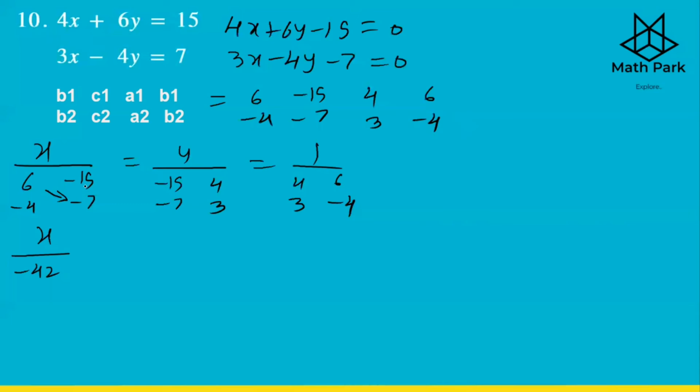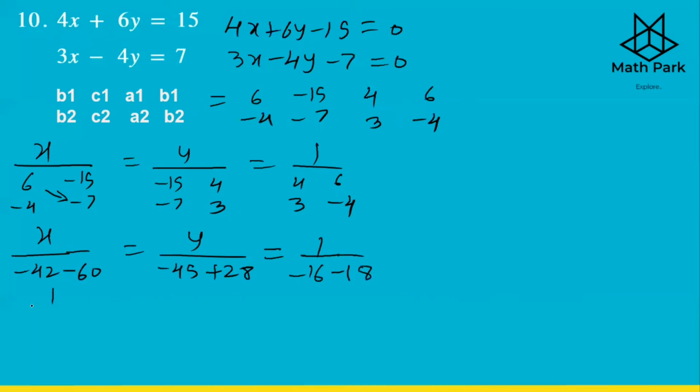Minus 4 into minus 15 is going to be positive 60, so this is going to be minus 60 over here is equal to y upon 15 threes are minus 45. Minus 7 into 4 is minus 28. Minus of minus becomes plus 28, which is equal to 1 upon minus 4 into minus 4 is minus 16. And 6 into 3 is positive 18. So we get here minus 18.